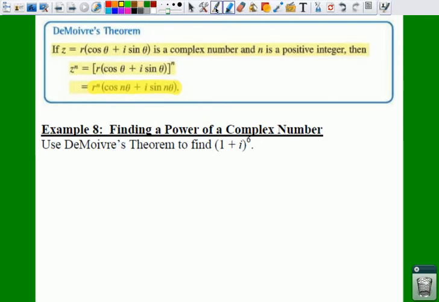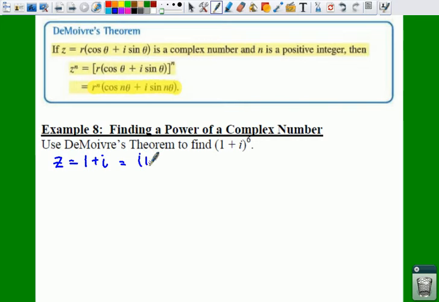So here, for example, we need to turn 1 plus i into trig form. We're going to need to figure out what our r is, and we're also going to need to figure out what our theta is. Since we have our complex number in standard form, we need to turn it into trig form.